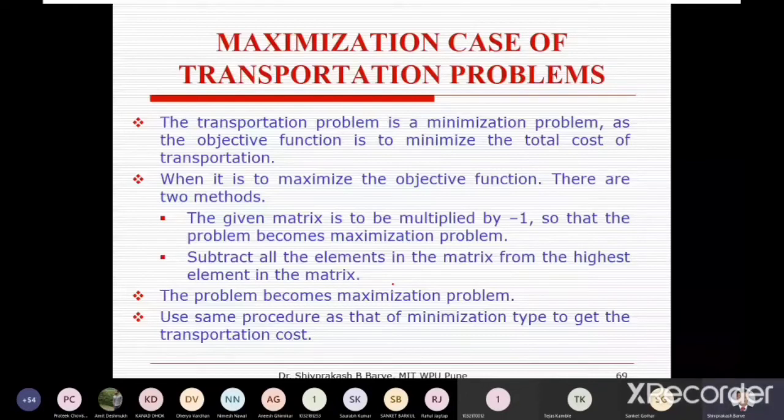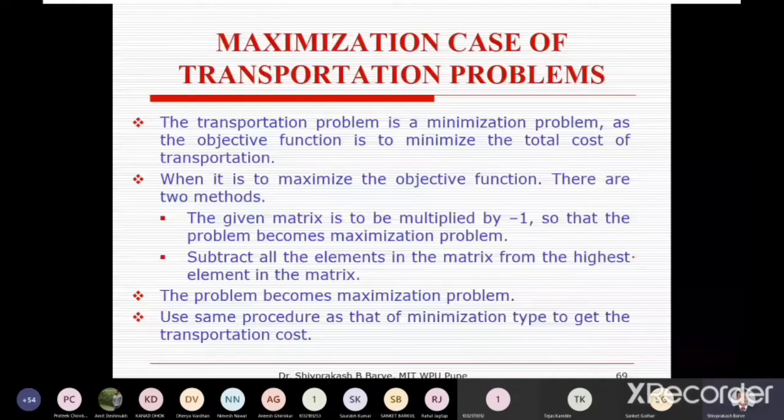You are converting from maximization to minimization type, and you can solve the problem. But at last, because you are converting the actual matrix by multiplying by -1 or subtracting each cell value from the highest value, it is giving the solution for the minimization type.